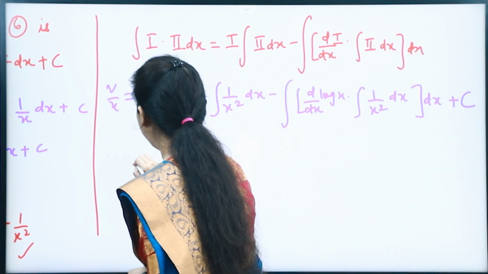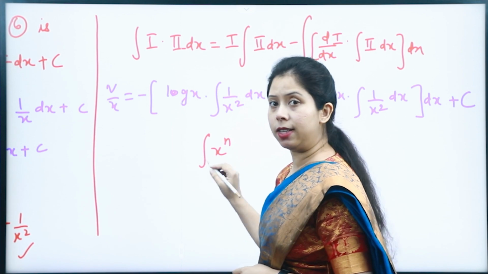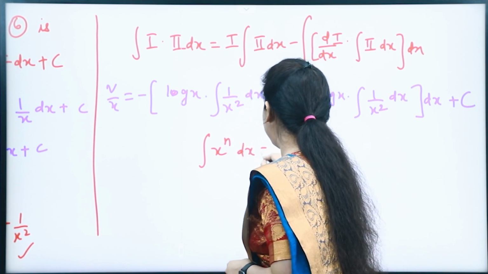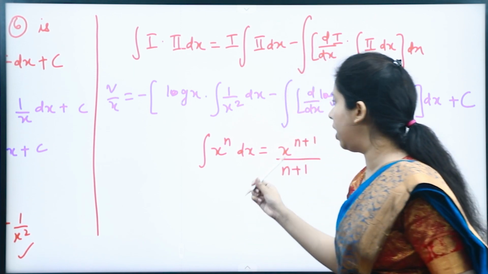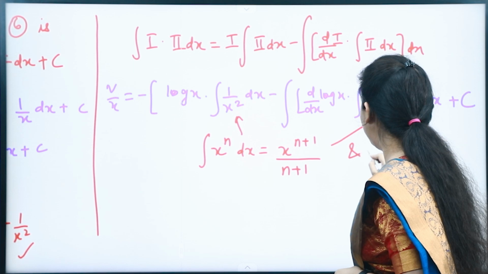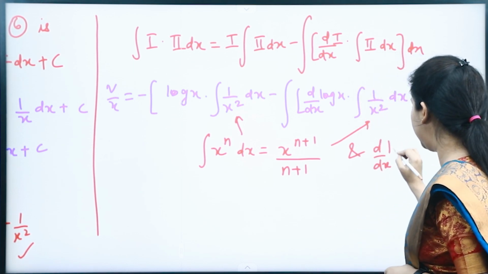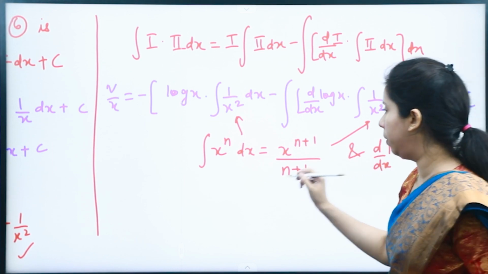As you know, the power rule for integration is given by the formula: integral of x raised to the power n dx is equal to x raised to the power n plus 1 upon n plus 1. We are going to use this formula over here, and also the differentiation of log x is 1 by x. So we are going to use these two formulas.